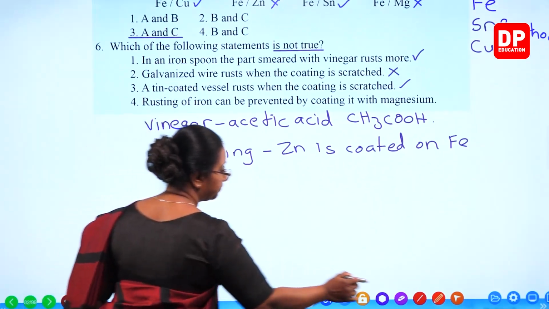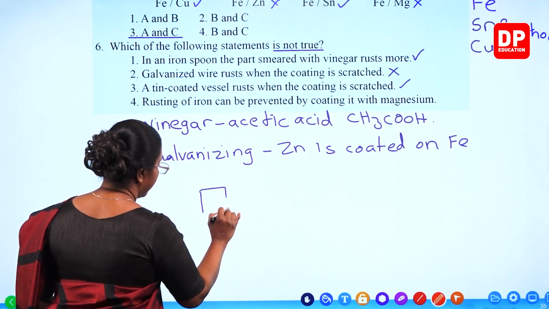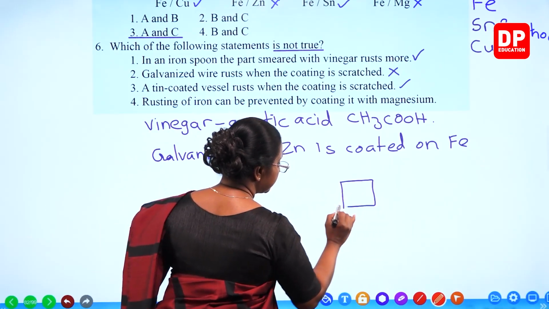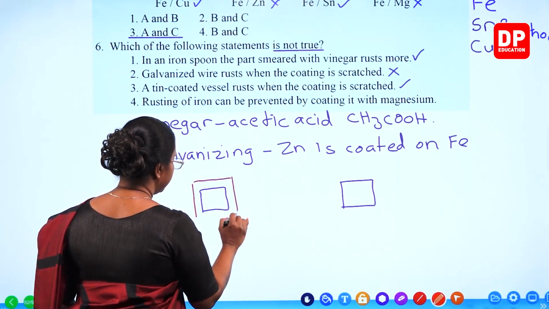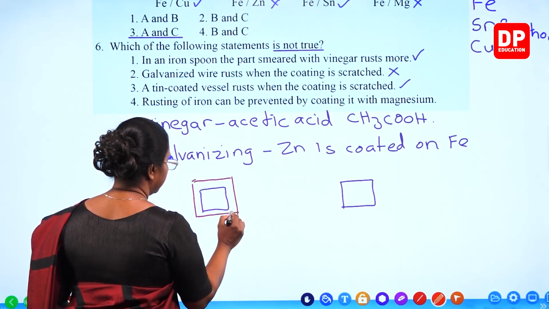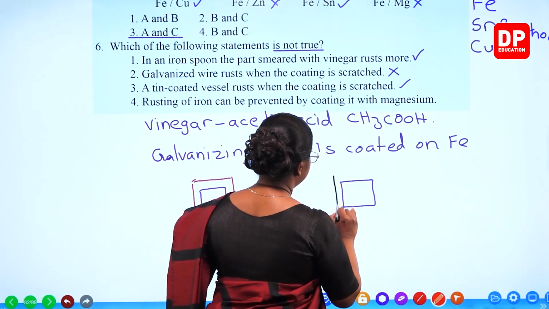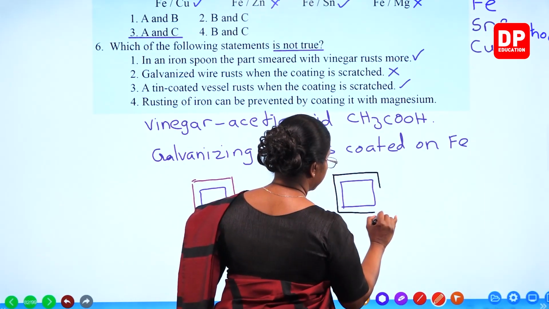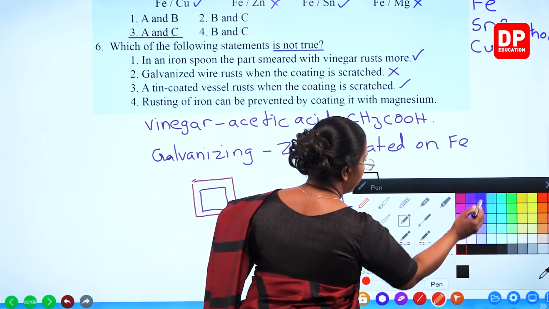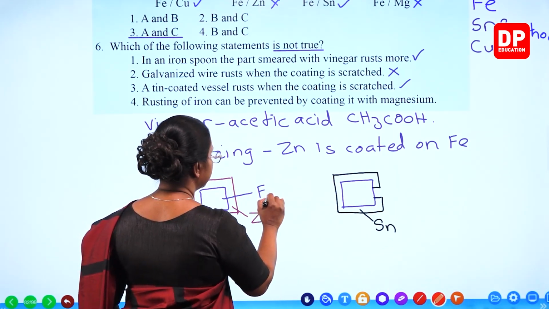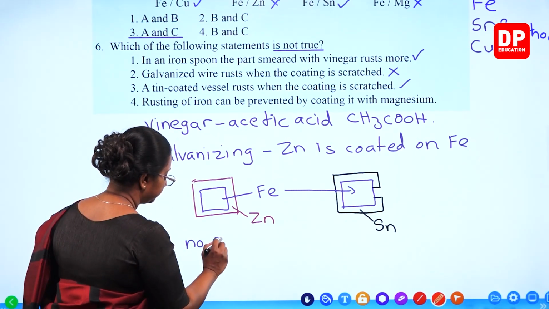So if we have two objects made of iron, and here we have a coating of zinc, and here a coating of tin. Here, no rusting.